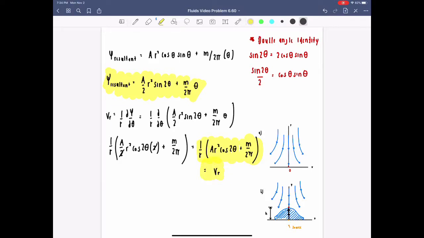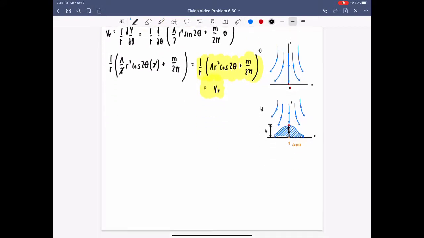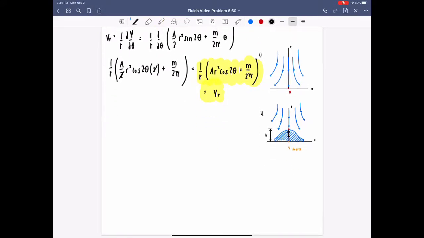And then we can also determine the velocity in the angular direction as well, because we can, in fact, find this angle here because we know where the stagnation point is located, which again is right here at the top of the hump.